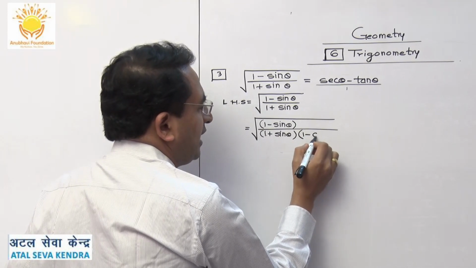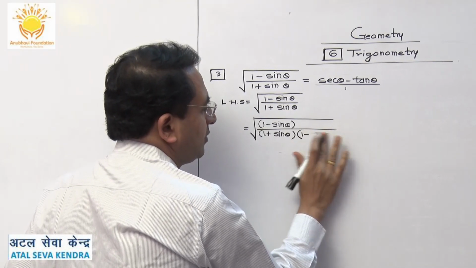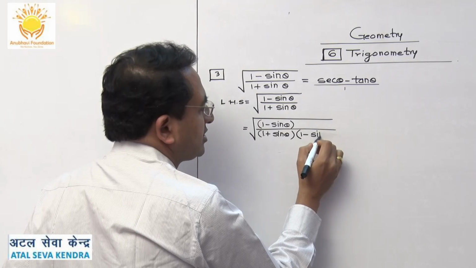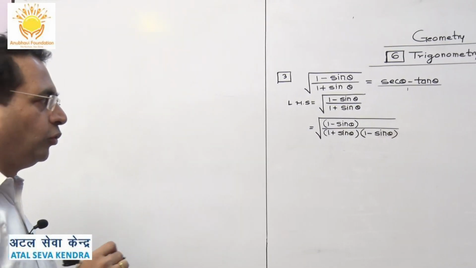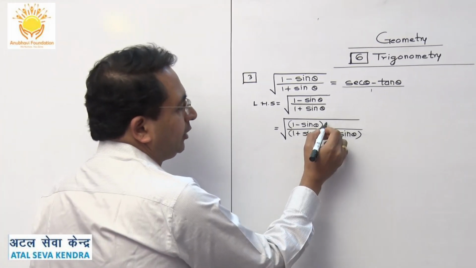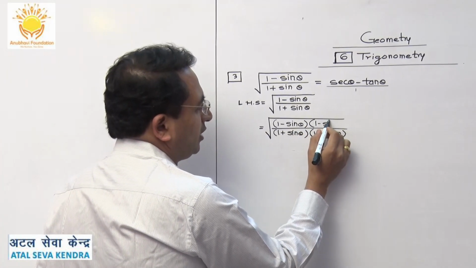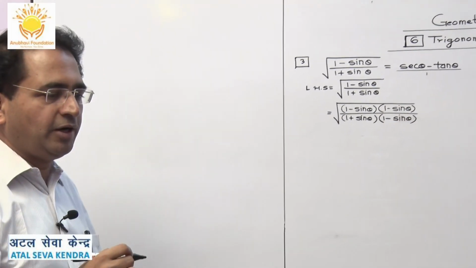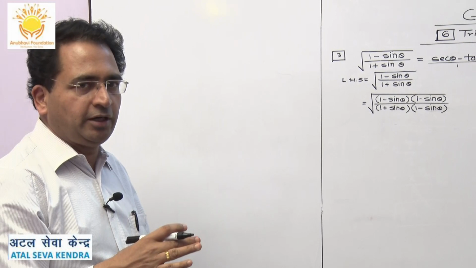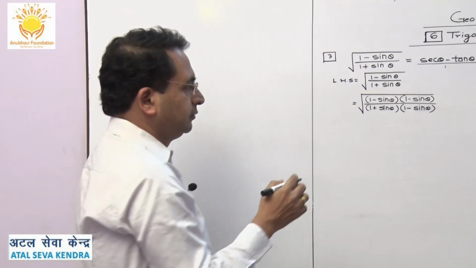That is, rationalize the denominator here. Multiply this by 1 minus sine of theta. Now we cannot multiply only the denominator, we have to multiply the numerator also. So I am writing 1 minus sine of theta. I have multiplied the numerator and denominator by 1 minus sine of theta.